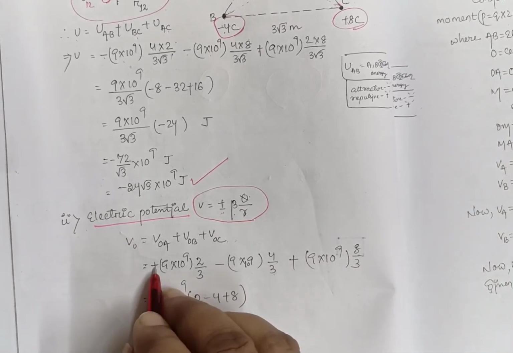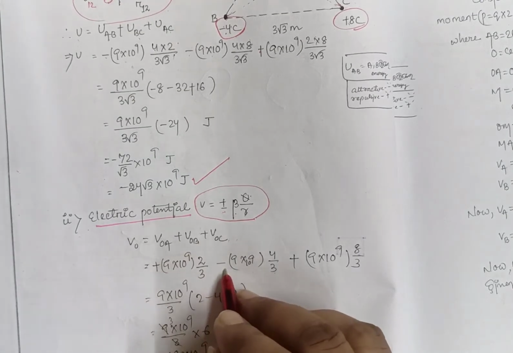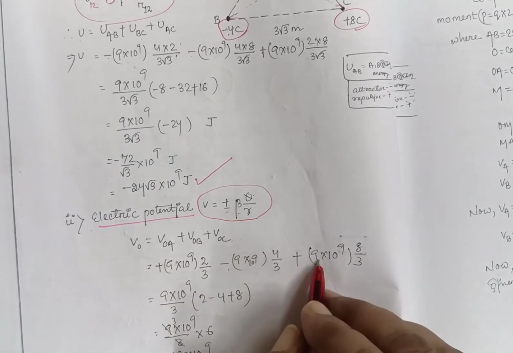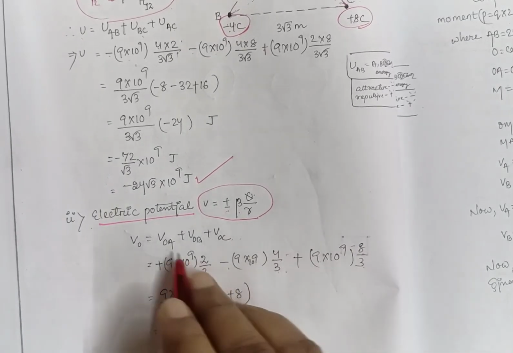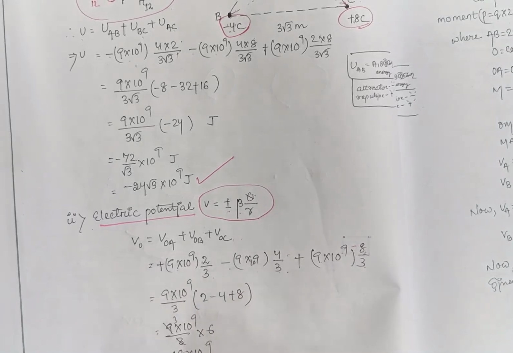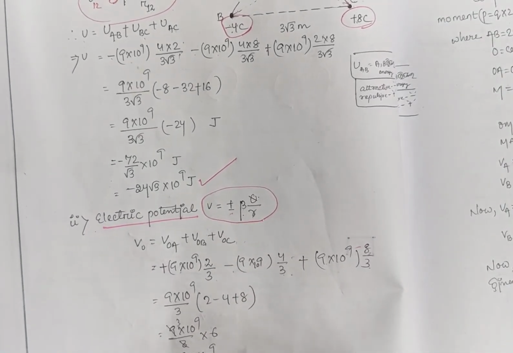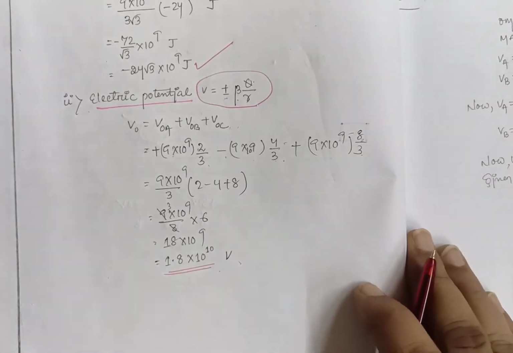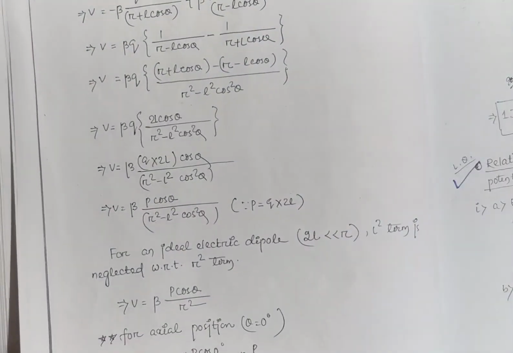A is a positive source charge, plus sign, B is a negative source charge, minus sign, and C is a positive source charge, plus sign. 2, 4 and 8 and distance 3, beta value is put in here, 9 into 10 to the power 9. We have calculated, the total answer is 1.8 into 10 to the power 10 volt. As it is an SI unit, the answer is in volt. Then we have to go to the next questions.